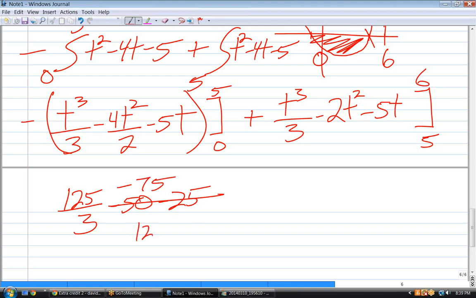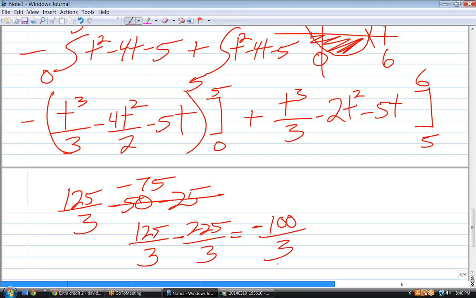So that's 125 thirds minus 225 thirds. That is minus 100 thirds. And I want the absolute value of that. So that's the distance it travels from 0 to 5 seconds.